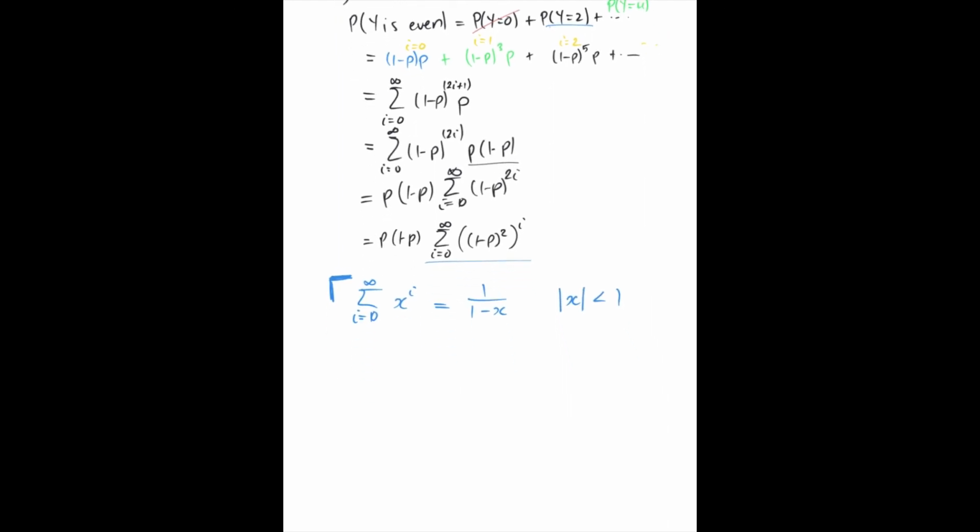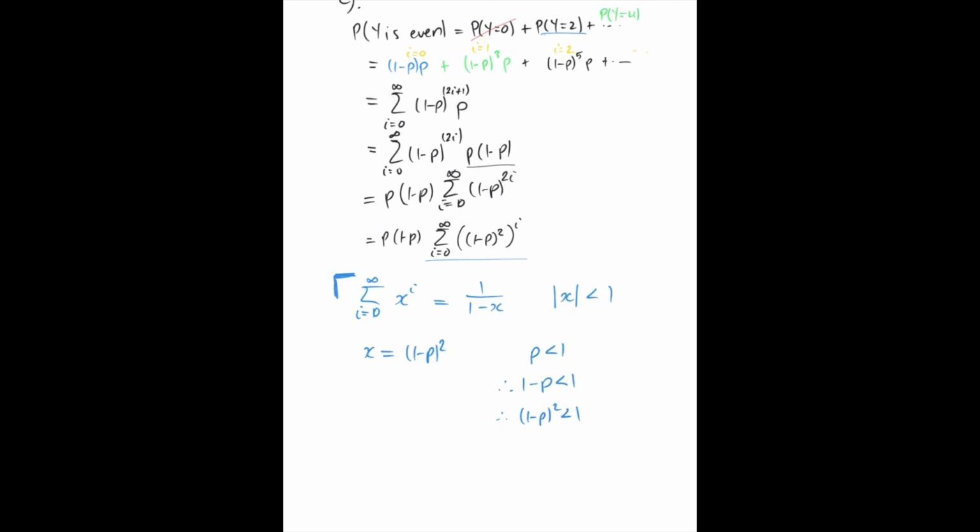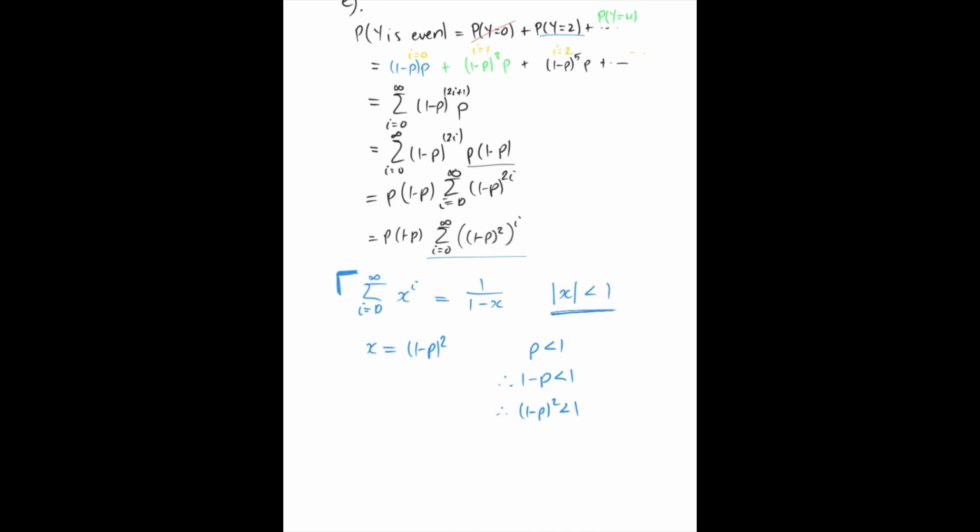So, in our case here, our x, in inverted commas, is (1 minus p) squared. p is a probability, so it's less than 1. Therefore 1 minus p must be less than 1, and therefore (1 minus p) squared is less than 1. So we satisfy this condition.